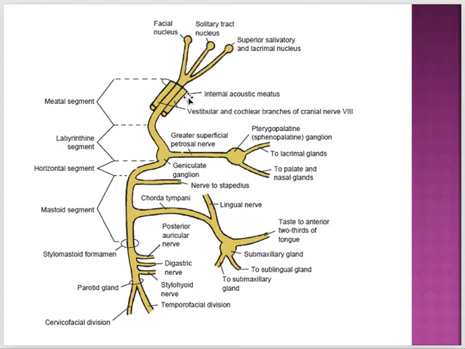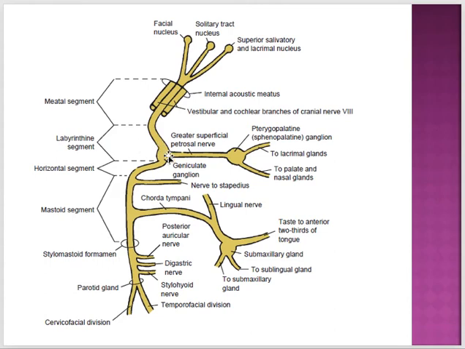So simply the fibers arise, and what they are showing you is the bony part. You can see this is the internal acoustic meatus, and the facial nerve arises from here with the vestibulocochlear nerve, and this is the meatal segment, and then there is the labyrinthine segment.